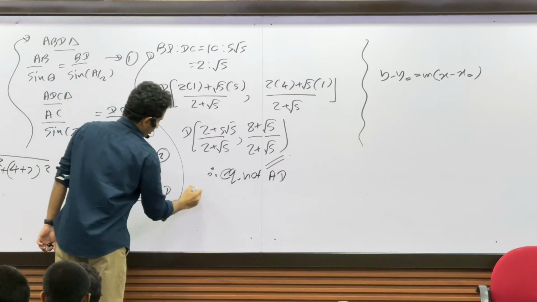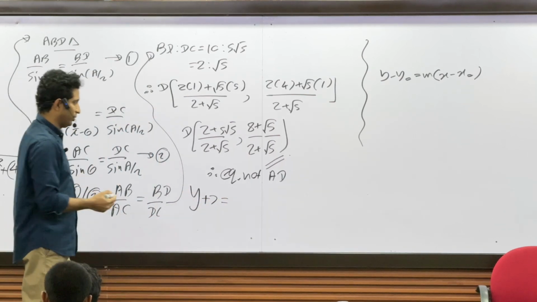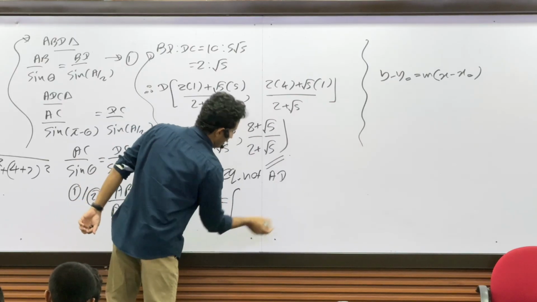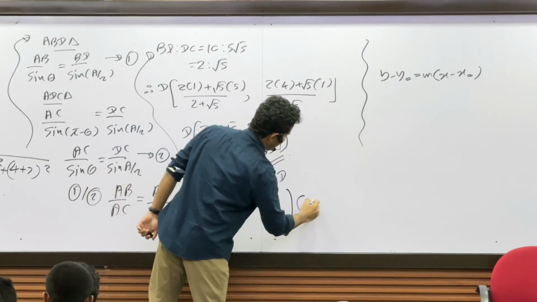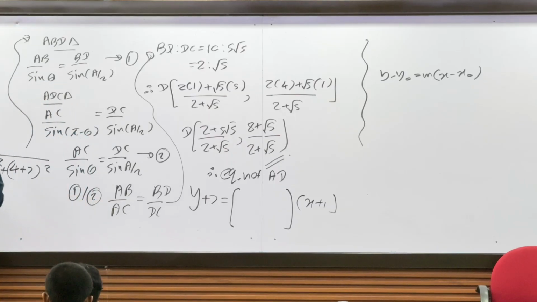y minus y naught, that is y minus minus 7, that gives y plus 7 equals m times x minus x naught, that is x plus 1. Now that m you can get by using these two coordinates.